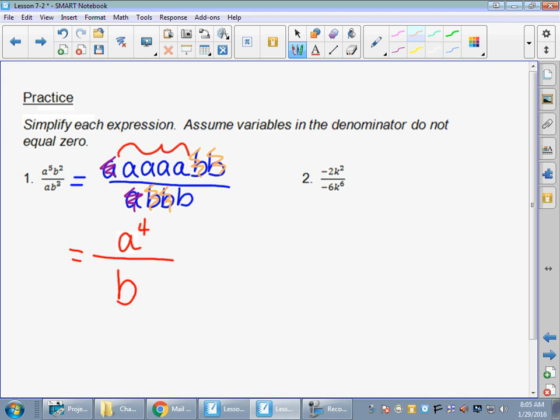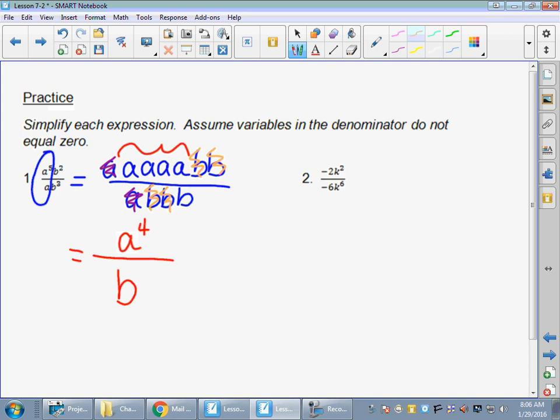If we're thinking about the shortcut and just subtracting, I've got an a to the 5th over a. Remember, plain old a in the denominator is a to the 1st. So if I subtract, 5 minus 1 is 4. The bigger number is in the numerator, so that's where the a's are left.